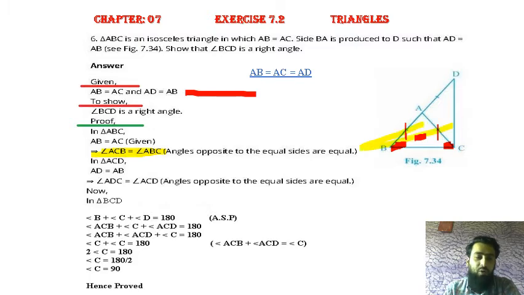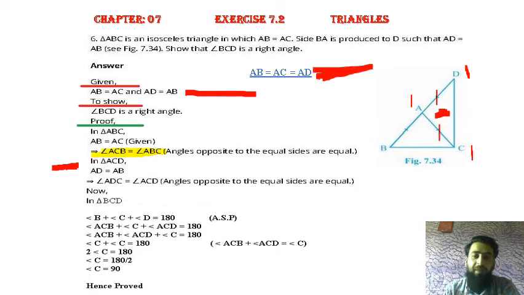Now let's move on to the other triangle, which is triangle ACD. In this triangle, this side AD and this side AC are equal to each other. We have already shown that these two sides are equal.